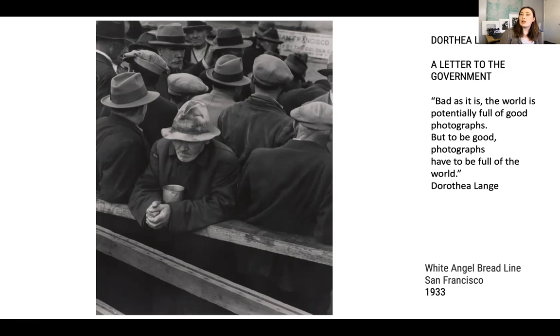So Dorothea Lange was commissioned by the, I believe it's Farm Security Administration. Anyway, they hired a number of artists, namely some famous photographers, to travel around the US and depict life as it was in this time, which was during the Great Depression and post Dust Bowl.